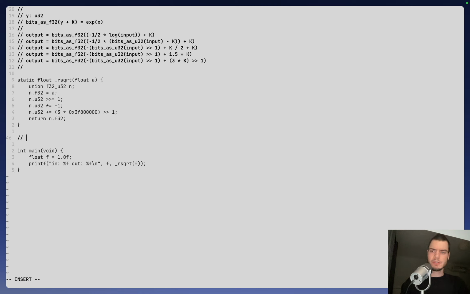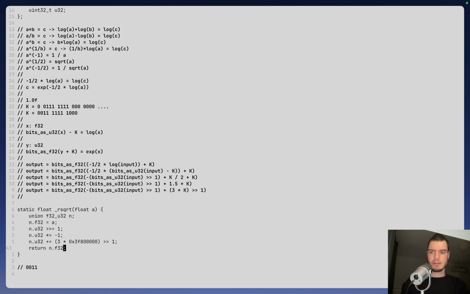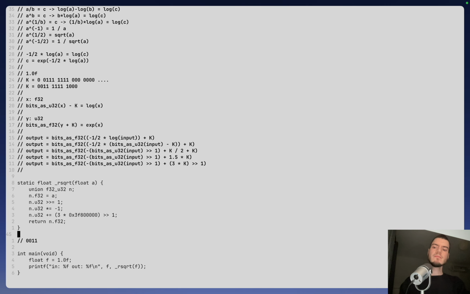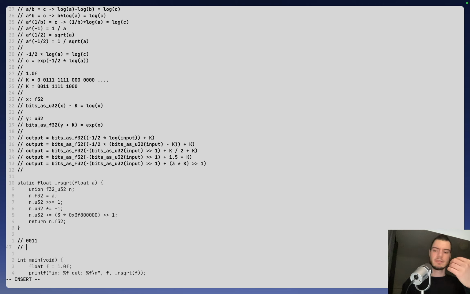Actually, we can even go into a bit more detail on that. We saw that our constant value, our k, starts with 0, 0, 1, 1, as we had here. Multiplying that value by 2 is going to give us, at maximum, a value that occupies the second highest bit. And in here, there could be anything.